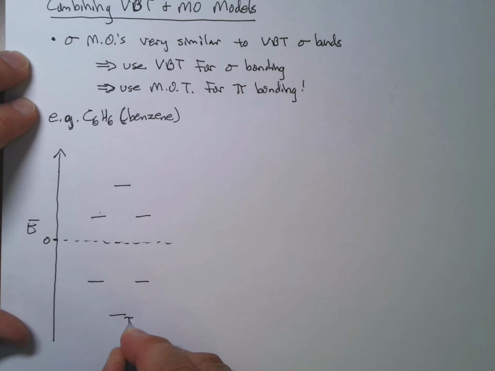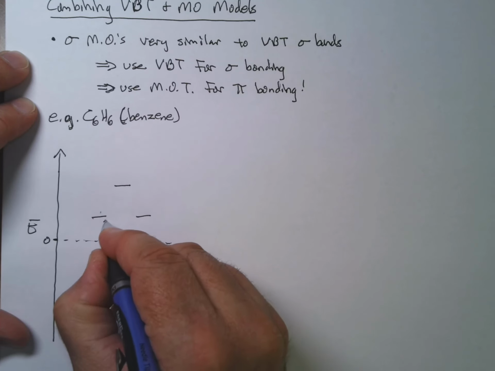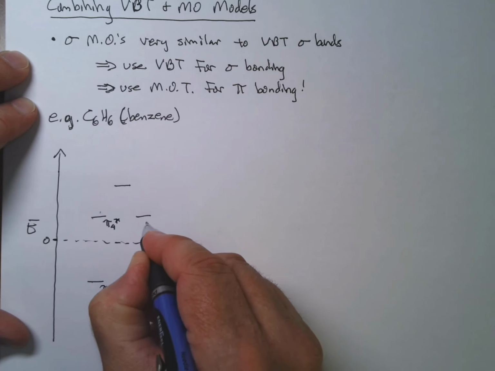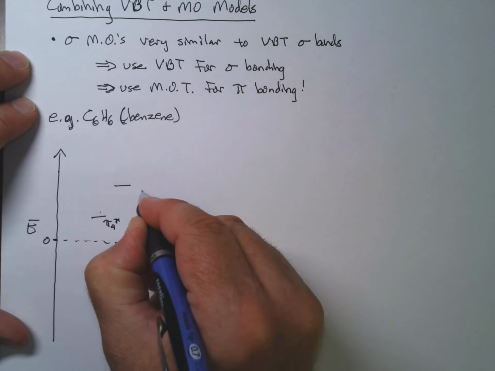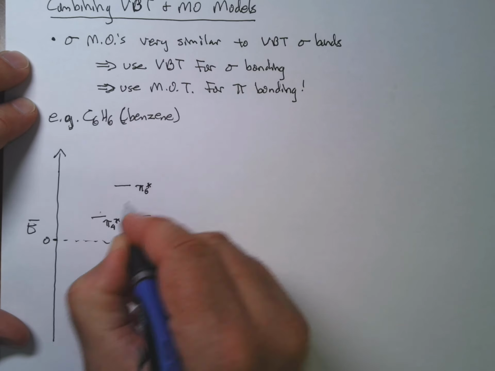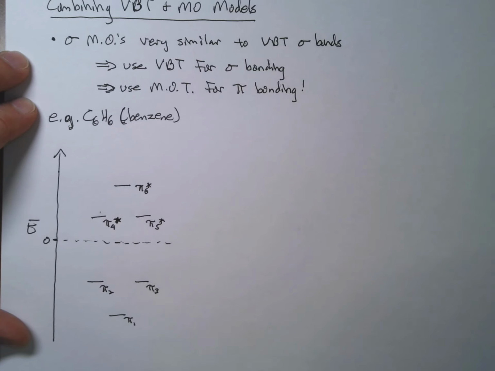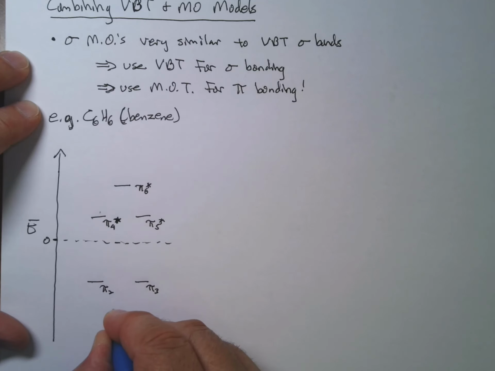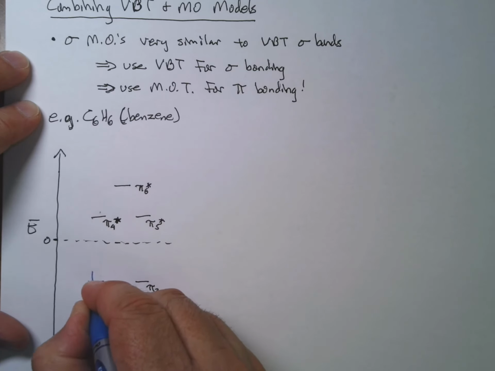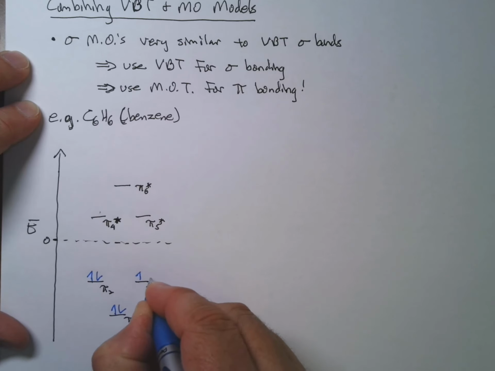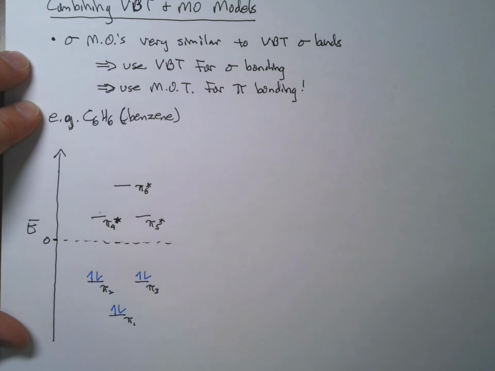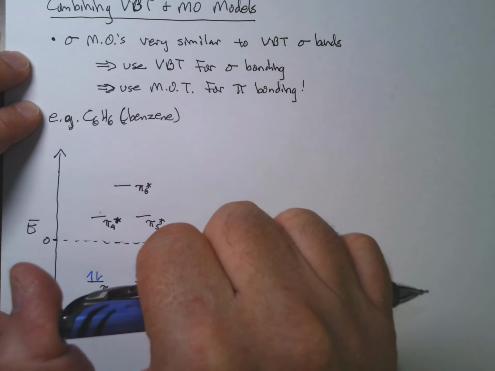We have pi 1, pi 2, pi 3, pi 4 star, pi 5 star, and pi 6 star. And then there are 6 electrons, one from each carbon, that are participating in that bonding. So 1, 2, 3, 4, 5, 6. So this is just the pi electrons.